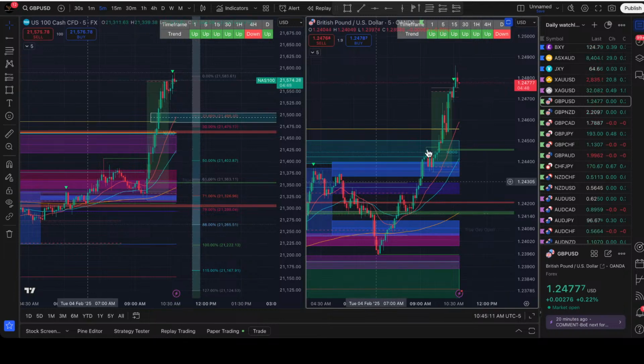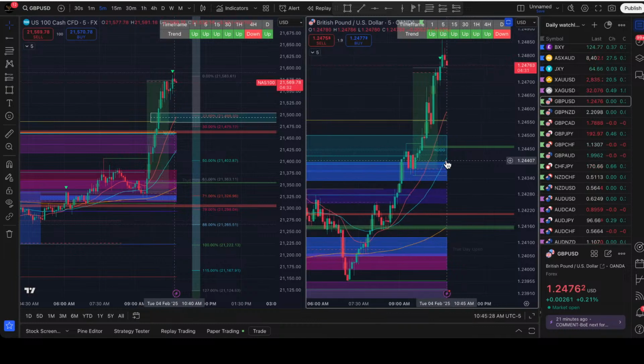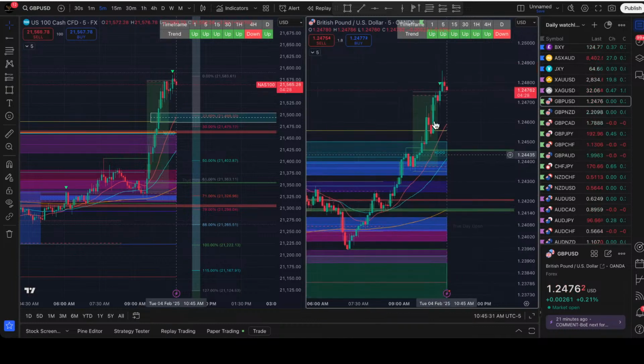We've already pushed past the new day opening gap. I like to see the market come back down. Let's see where it touches the 20 first.